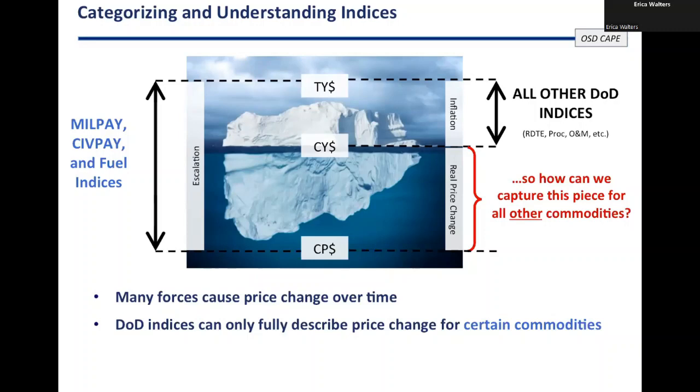But just because those have fancy names that sound like they are escalation because they're for a specific thing, if you look at the way they're actually built, they're only inflation indices. If you line up all the raw indices next to each other, you'll see that they're the same. It's because they're all built off of just inflation. The only time you'll see them different from each other is if you're looking at the weighted versions.